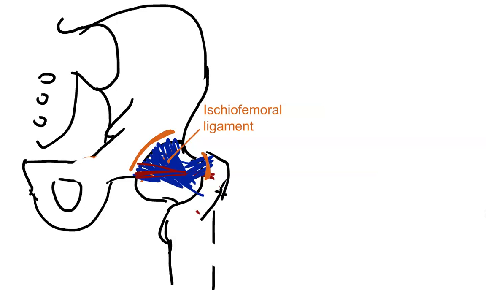This ligament pinches the joint capsule around the head of the femur, the function of the ligaments being to prevent dislocation and reinforce the hip joint, with the ischiofemoral ligament contributing to the structure called the zona orbicularis, or circular ligament.